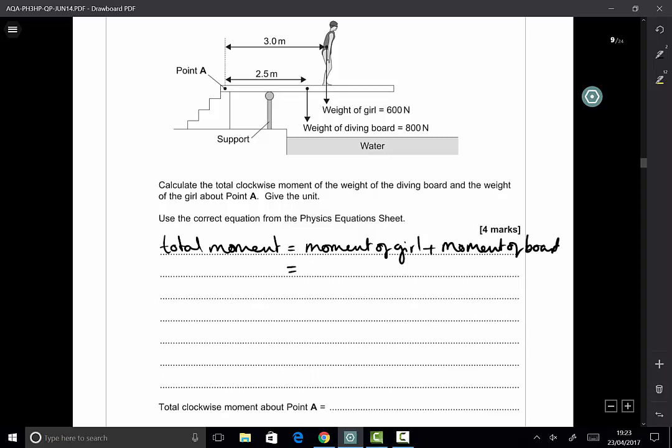So the moment of the girl is going to be her weight times the distance from the pivot, 600 times 3. And the moment of the board is going to be its weight times the distance from the pivot.